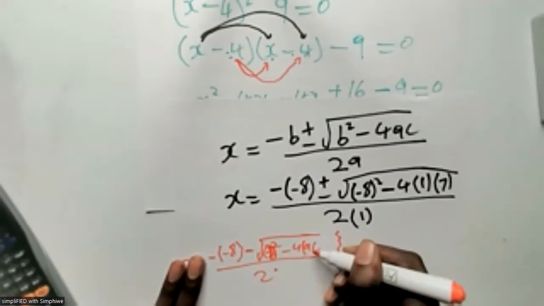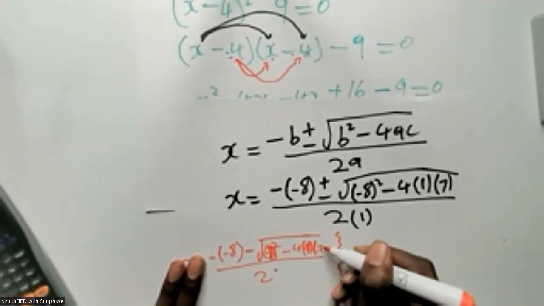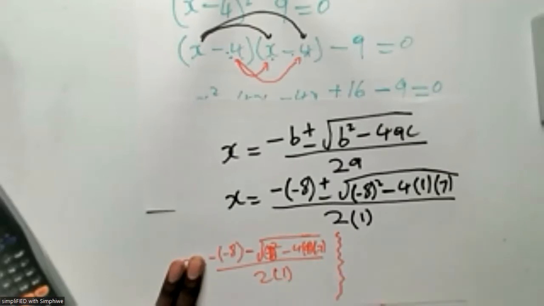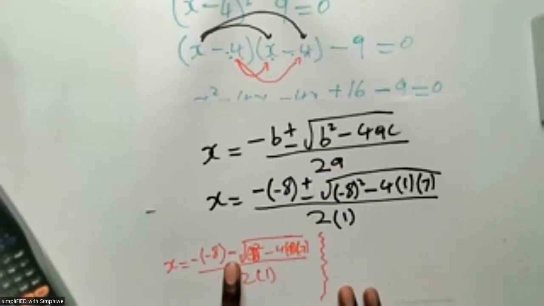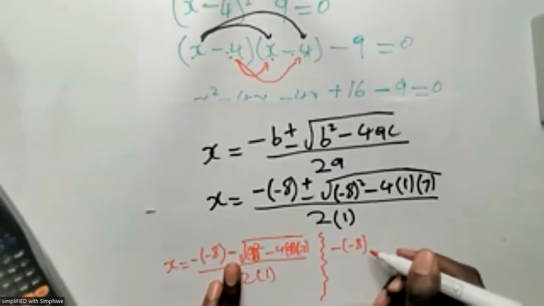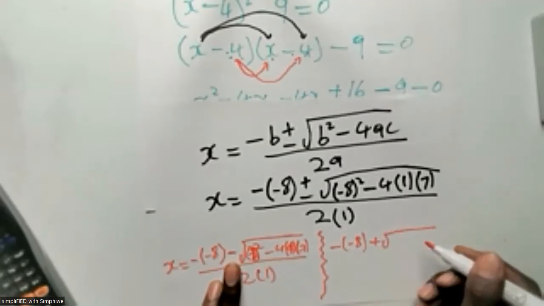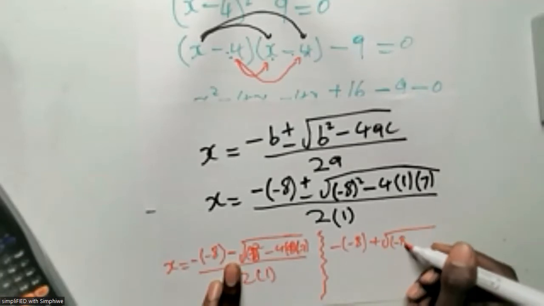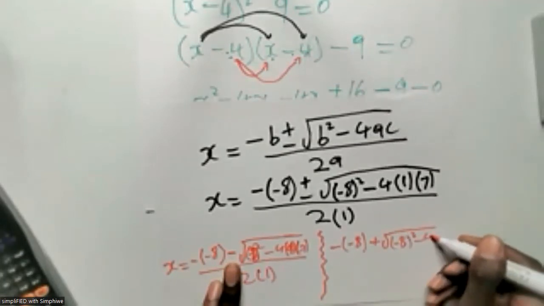Now we have our values: minus 8, 1, 7, 2, 1. You can start with either the negative and then give the positive. So it's going to have two values.